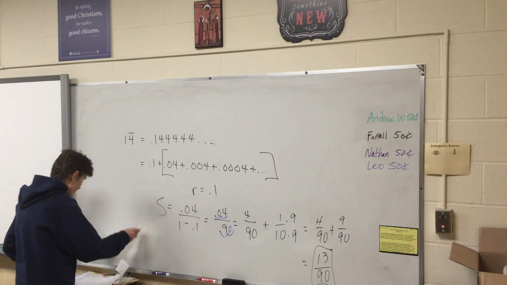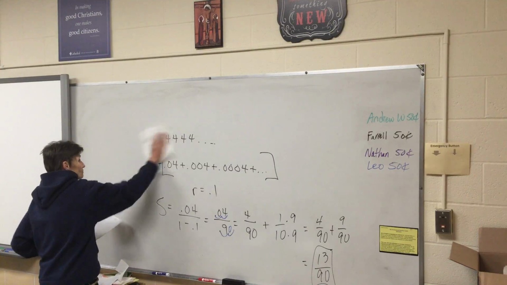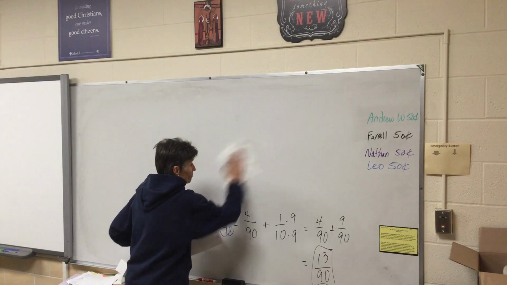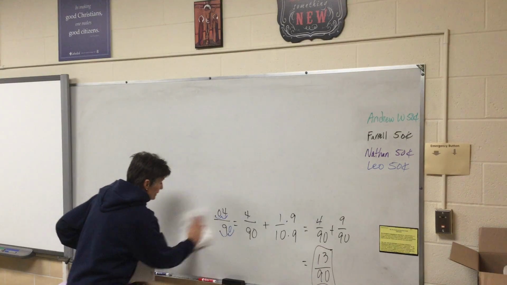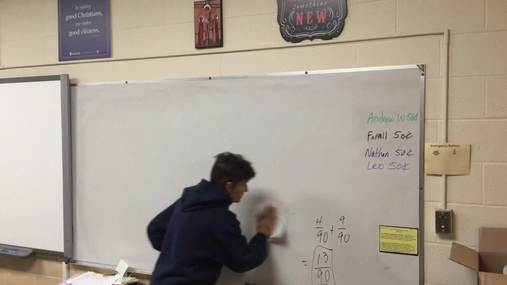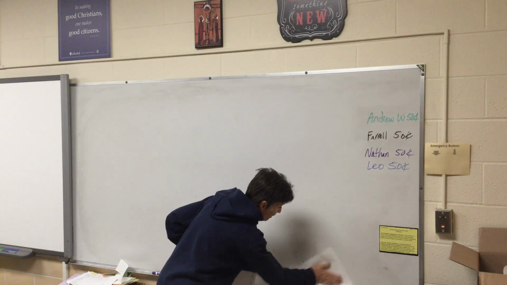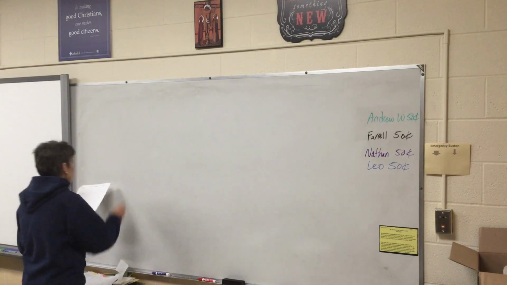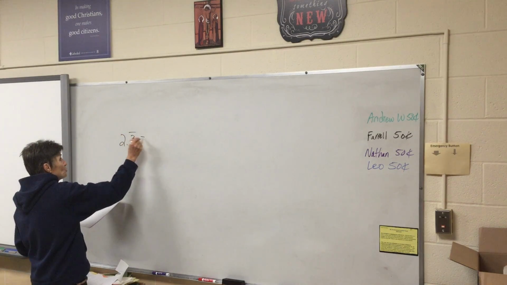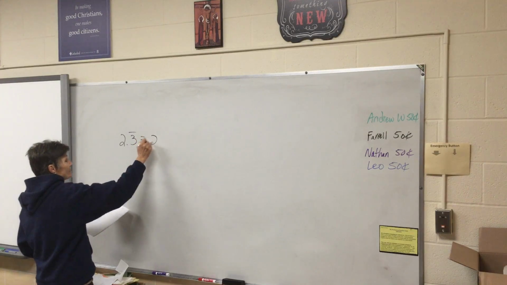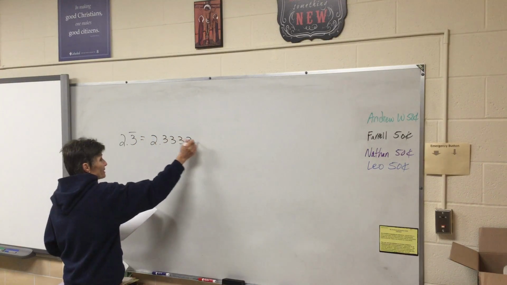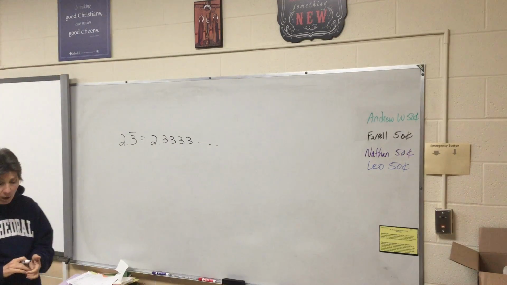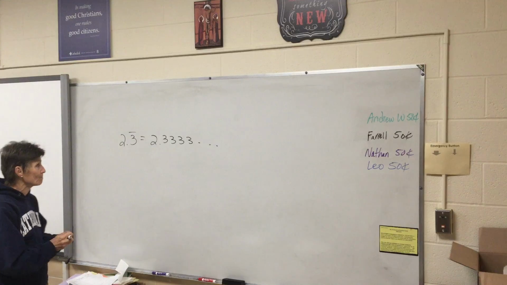All right, let's try the next one. All right, so here we go. Again, you've got a piece of the problem that is not part of the pattern, because you all know that this means 2.33333. That's what that means. The 2 is not part of the repeating pattern.